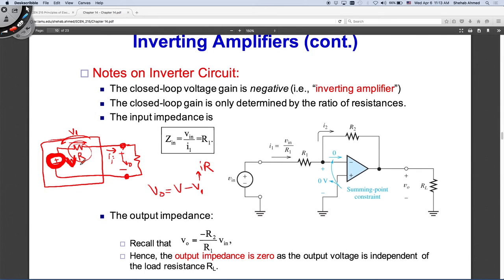If your circuit does not have an output resistance, like if the output resistance is zero, then you increase the current, nothing will happen. You will still get the same voltage at the output.